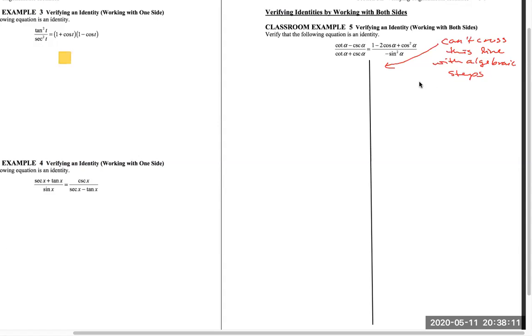Instead, we're going to simplify either the left-hand side to look like the right, or the right-hand side to look like the left.